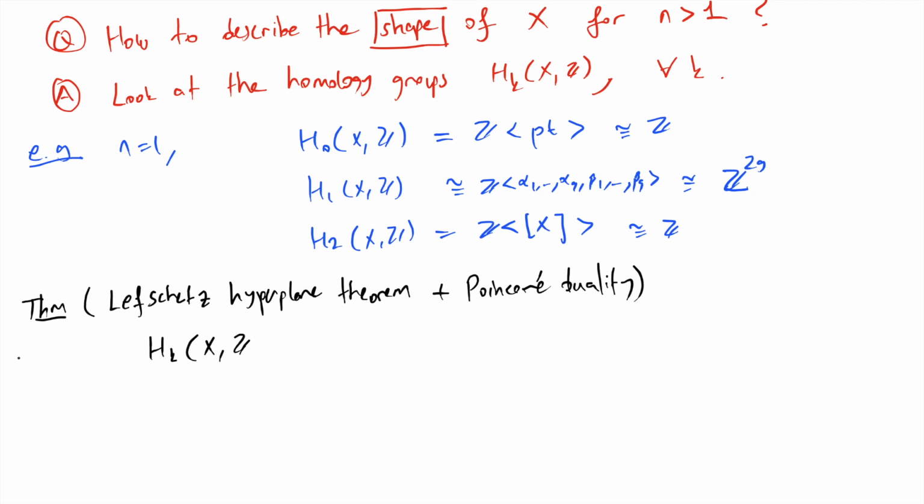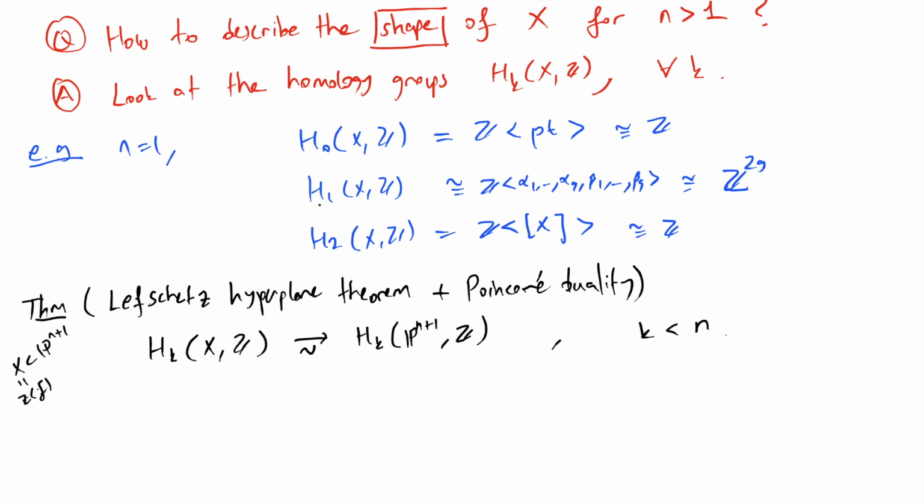X, remember, is a hypersurface in P^(n+1). So I take the kth homology group. You know there is an inclusion into H_k of P^(n+1). Just take any cycle. It's in X. X is in P^(n+1). So it's a cycle in P^(n+1). And the statement is that this is an isomorphism when k is less than n.